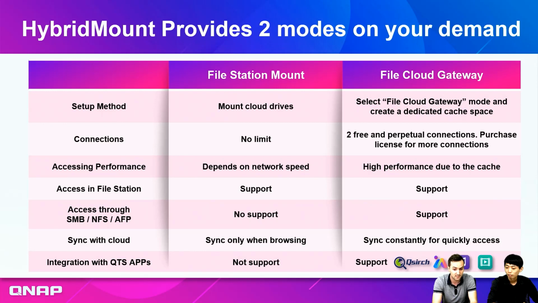We have access in File Station by both, and access through Samba, which the file cloud gateway mode supports, and it reduces the latency when you connect from a device directly to the cloud. With this one, it is much faster, and it also syncs with the cloud.